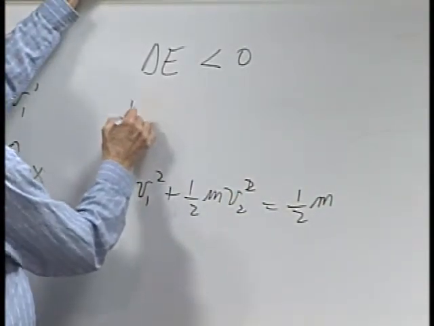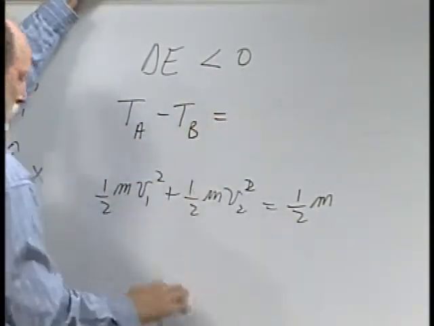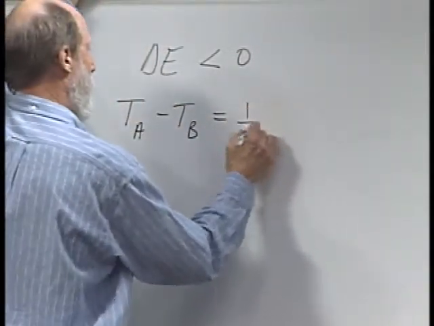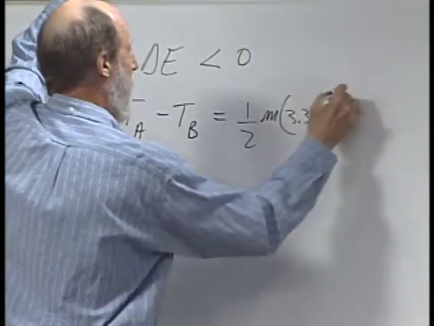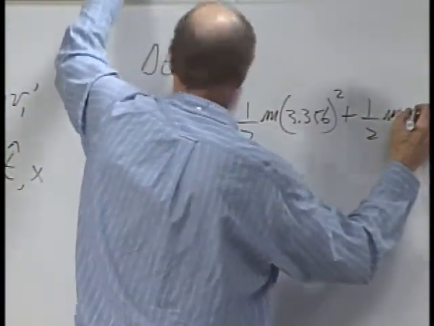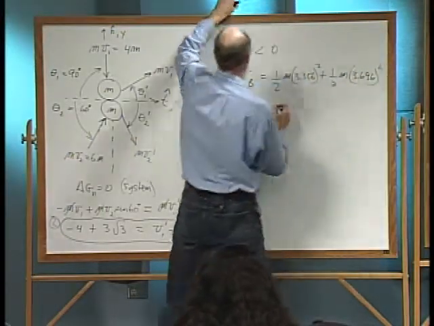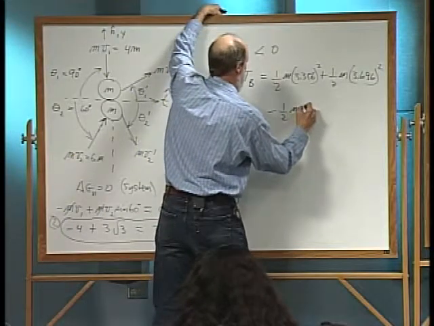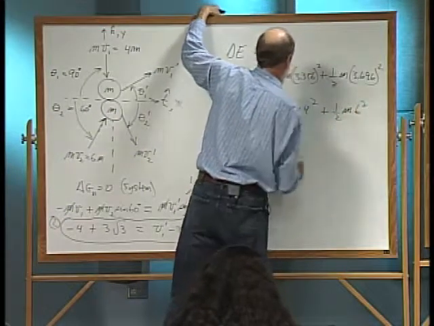Okay, so what we have is T after minus T before is going to be some value. So T after, 1/2 m, 3.356 squared, plus 1/2 m, 3.696 squared, minus the energy before, 1/2 m4 squared plus 1/2 m6 squared.